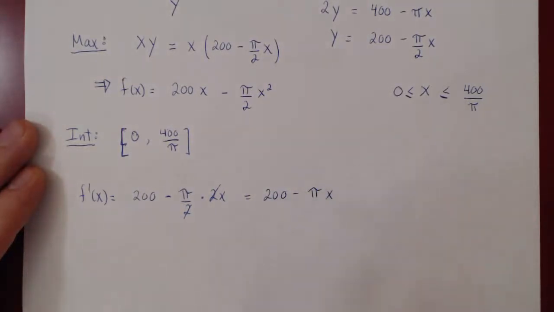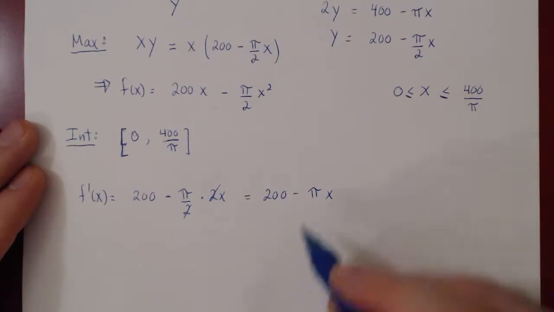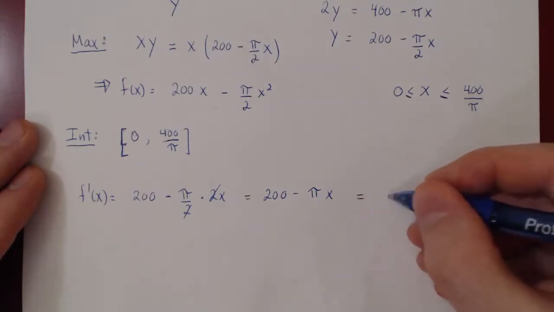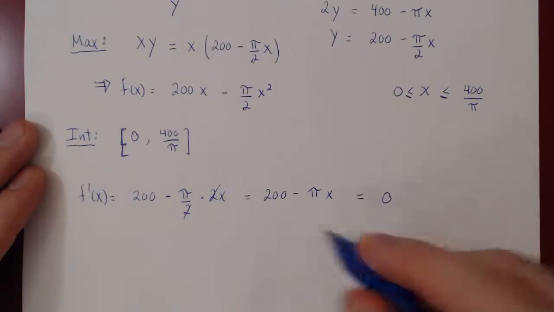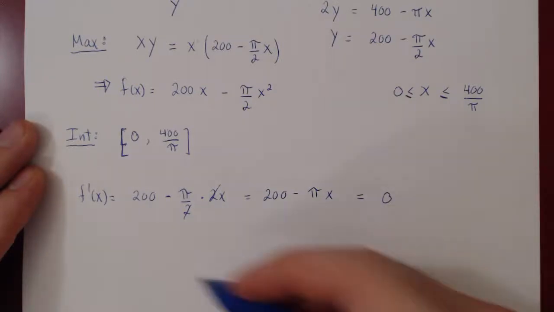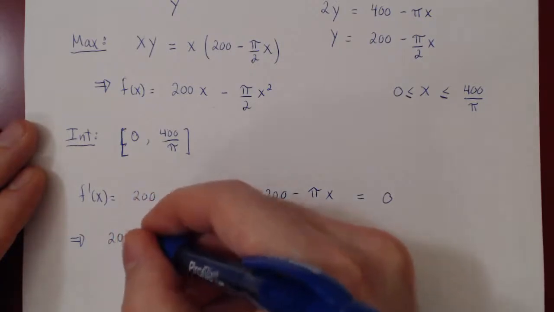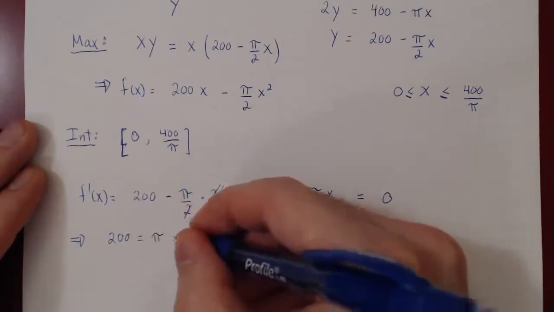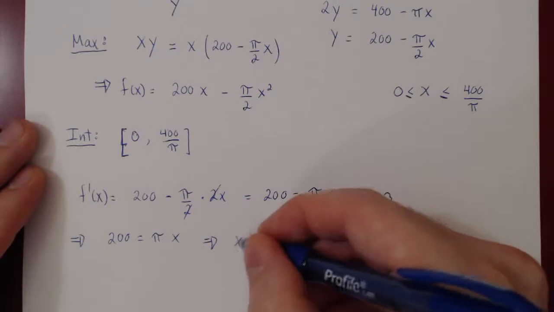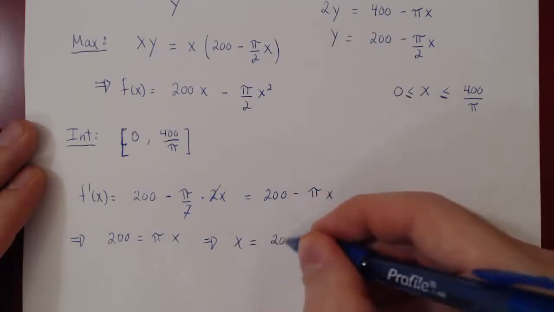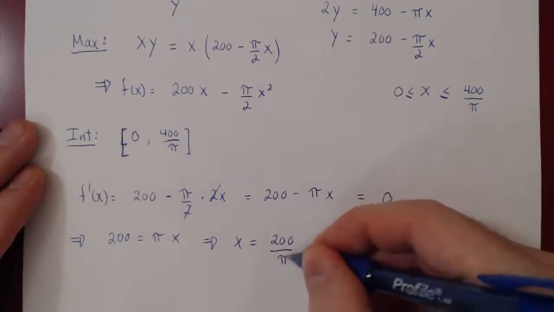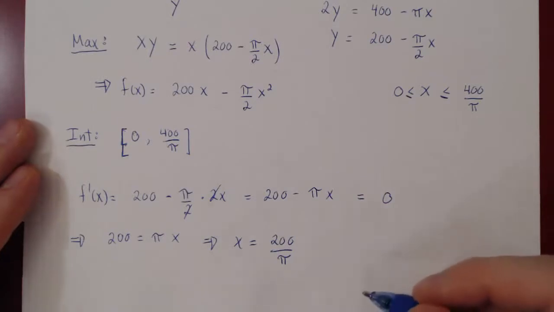The derivative is obviously always defined, so you have to look for critical points where the derivative is 0. Send pi x on the other side, and you get that 200 is equal to pi x. Divide across by pi, and so x equals 200 over pi is your only critical point.